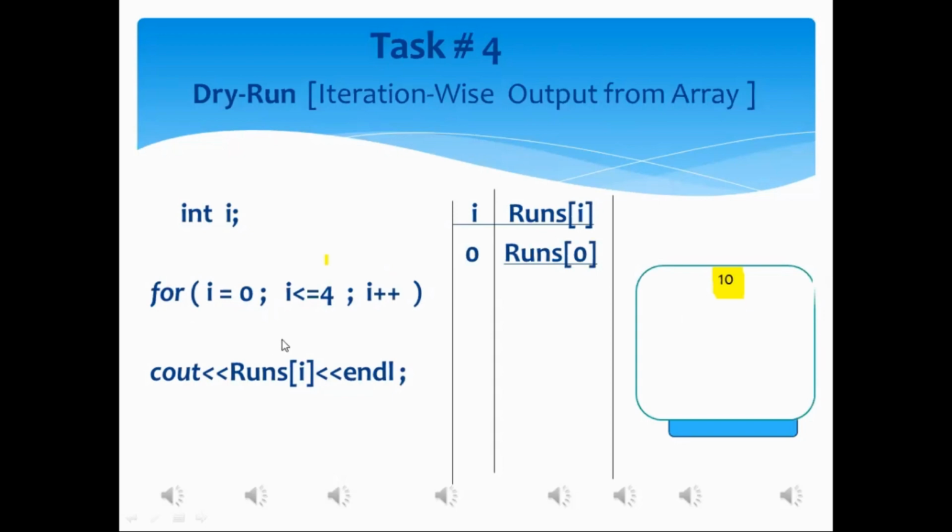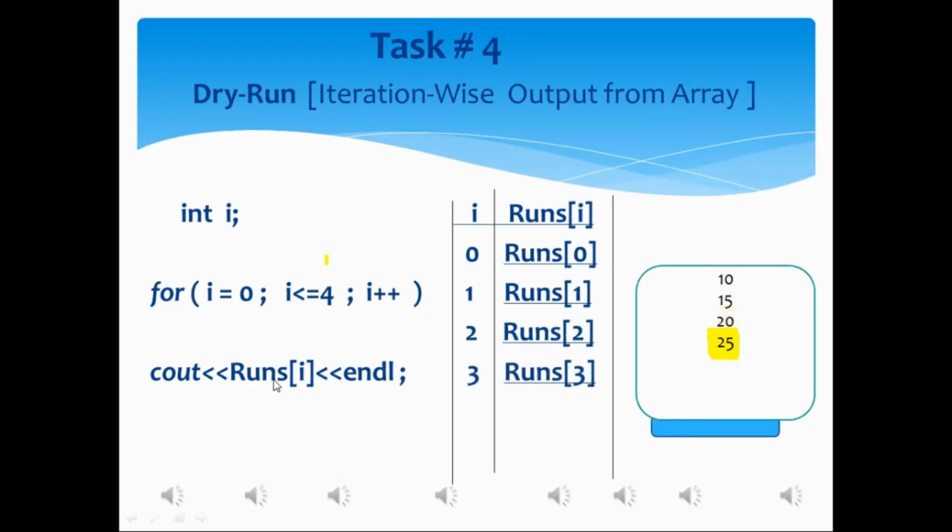When the second iteration was there, what was displayed? 15. When the third iteration was there? 20.